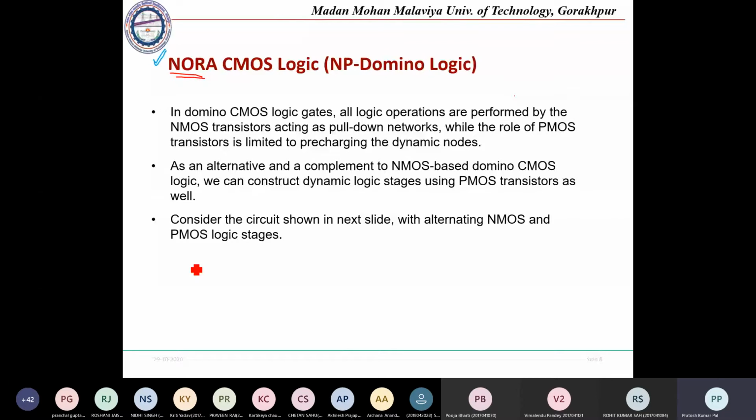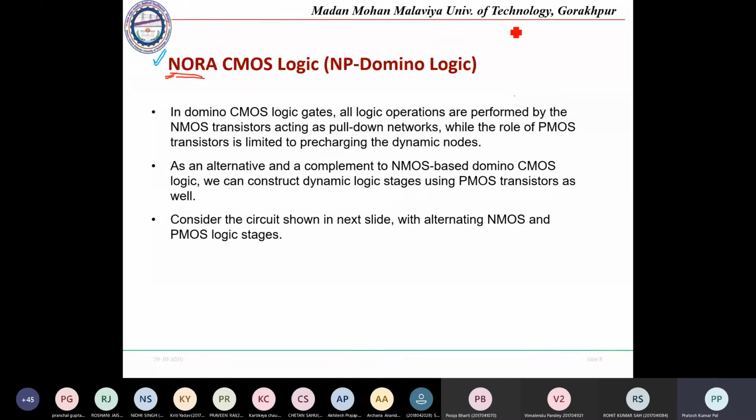In NORA logic, we will modify that domino logic by removing the use of the inverter. Once we have a configuration that avoids the use of an inverter, we will have an optimized logic for designing a particular circuit.